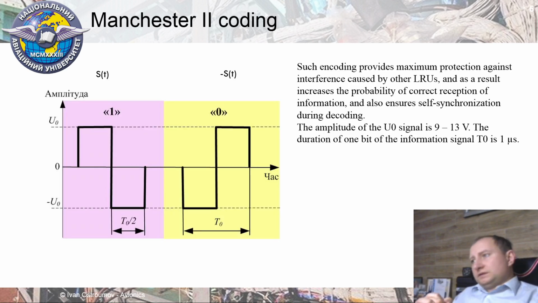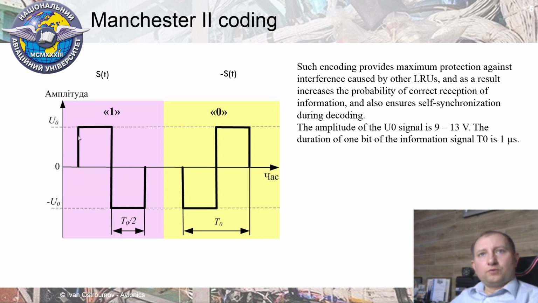What is different from ARINC 429? It is the level of signals, because MIL-STD-1553B uses a specific signal coding called Manchester 2, and in this case it uses a sequence of two pulses to code logical 1 and logical 0.